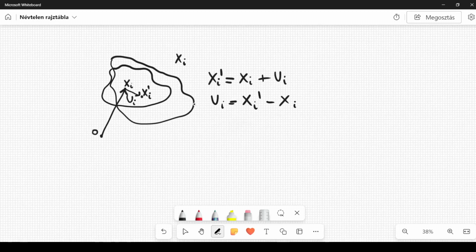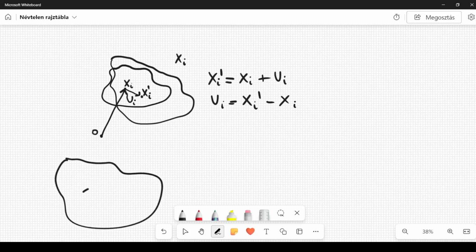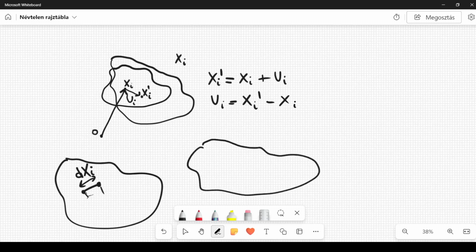And now at this point, if we consider the distance between 2 neighboring points of this body before the deformation, so let's say that we have these 2 points and we label this distance here, the distance in terms of a vector is given by dxi, so it's a displacement vector, but the deformation has not occurred yet, so it's basically the distance between these 2 points before the deformation, and after the deformation, the distance between these 2 points will be dxi prime, and the dxi prime will be given by dxi plus dui.